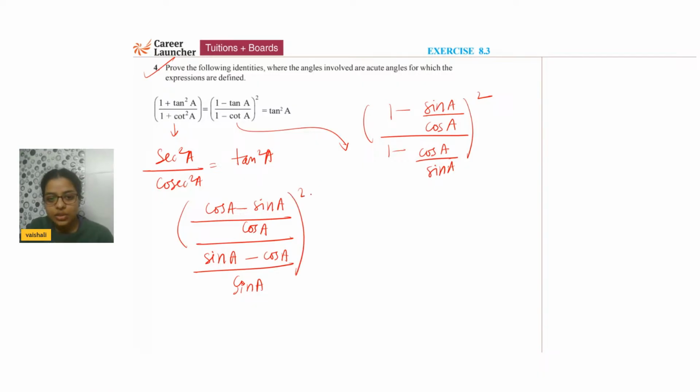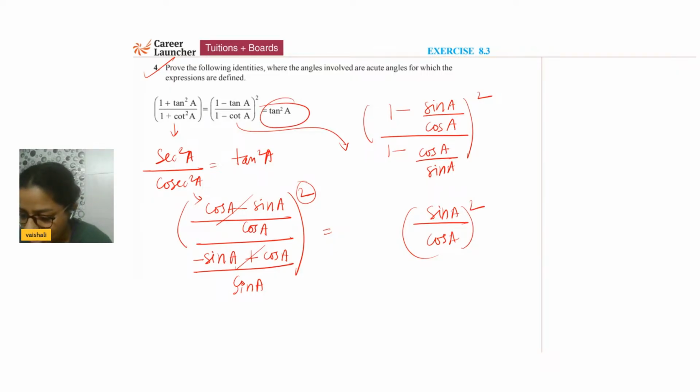So this is the whole square. Now if you will see, in the numerator we are having cos a minus sin a, and the same is over there, but sin का difference है, so I am taking negative common. And negative common लूंगी eventually because you are squaring it, so उससे कोई फर्क नहीं पड़ने वाला. So it means these two will get cancelled. Sin a divided by cos a का whole square will give you tan का whole square. Okay, so this question is also done.